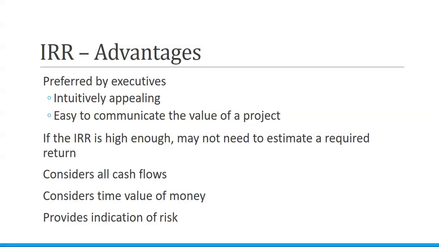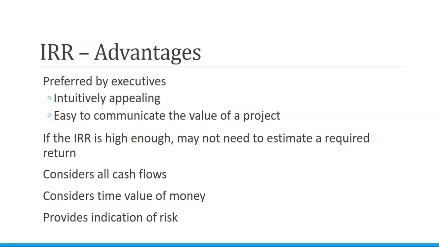The advantages of internal rate of return: one, it's preferred by executives because it's easy to communicate the value of a project. You can say, we have a return of 16% on this project. It's appealing to just hear a number.